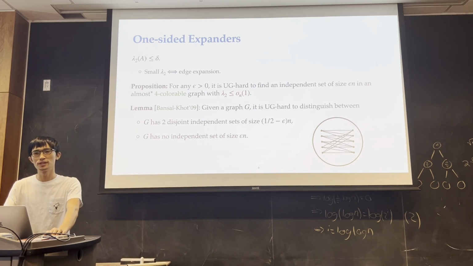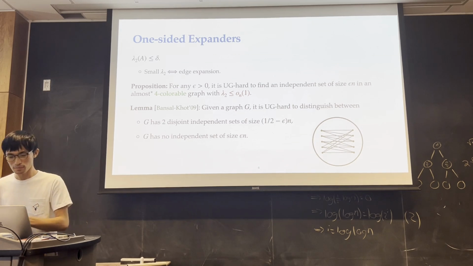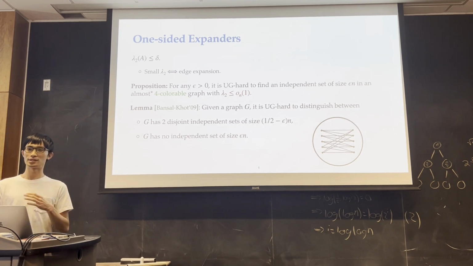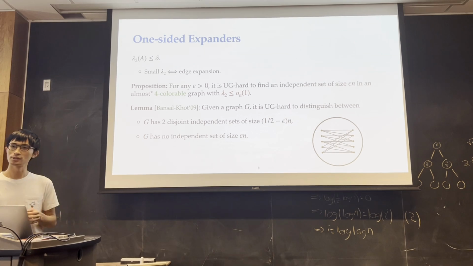Actually, you might be right. Maybe it's fine to have a complete bipartite graph. I'll need to check. Yeah. Okay. But as long as it's dense enough that it dominates the spectrum, then this reduction works.